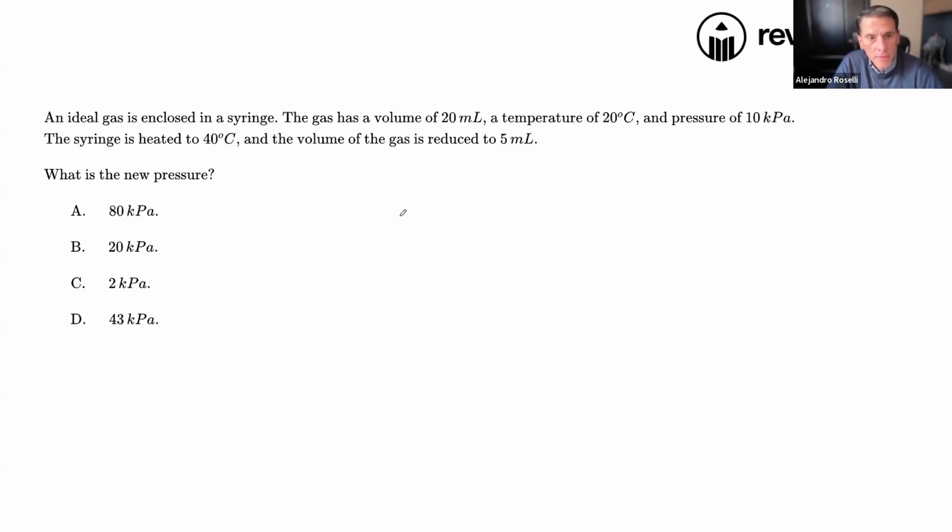Okay, let's start by realizing that pressure, volume, temperature are changing. So whatever initial pressure and volume divided by the temperature we have in the initial situation will be the same as the pressure in the final state times the volume in the final state divided by the temperature in the final state.